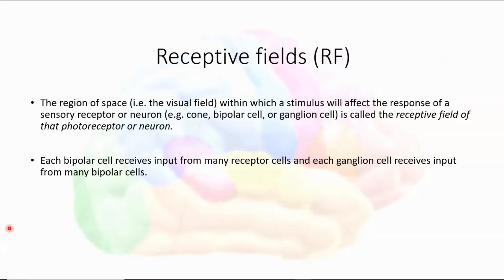Now, we will discuss receptive fields. What is a receptive field? Levine and Schaffner in 1991 defined a receptive field as an area in which stimulation leads to response of a particular sensory neuron.